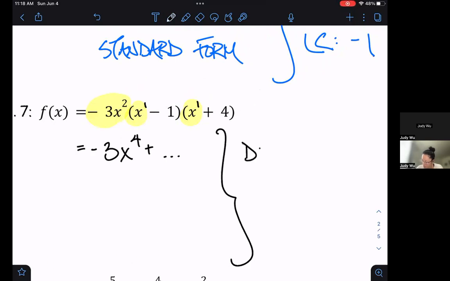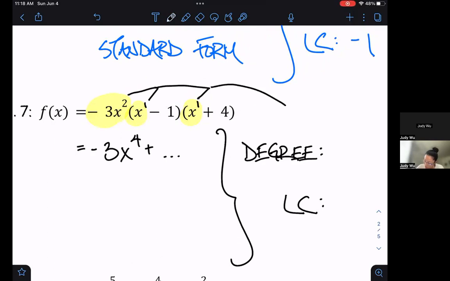All right. Now I can double check that my degree is actually 4 by adding the 2, the 1, and the 1. 2 plus 1 plus 1 is 4, and it was also 4 when I multiplied them out. And our leading coefficient here is just that -3.